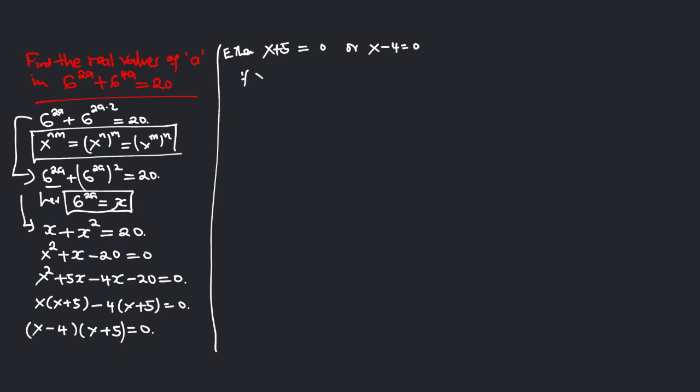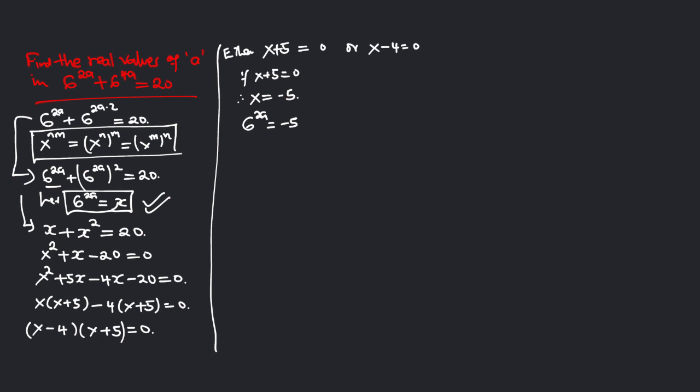If x plus 5 is equal to 0, it means, therefore, that x is equal to negative 5. But remember, at this point, we let 6 to the power of 2a be equal to x, which means, therefore, that 6 to the power of 2a is equal to negative 5.